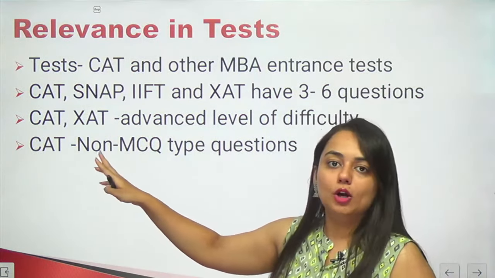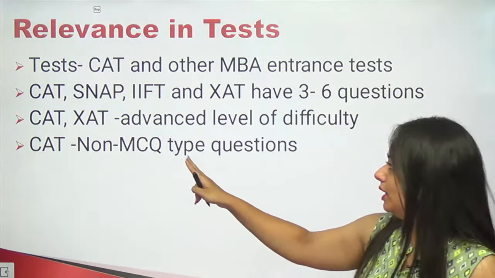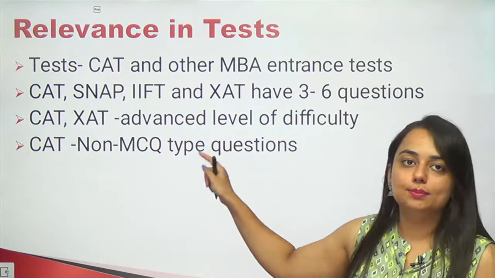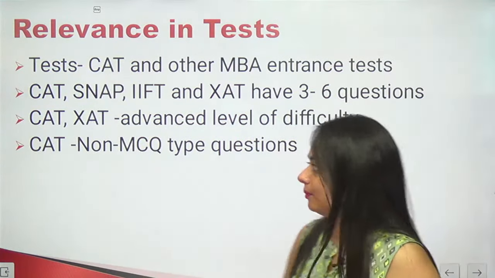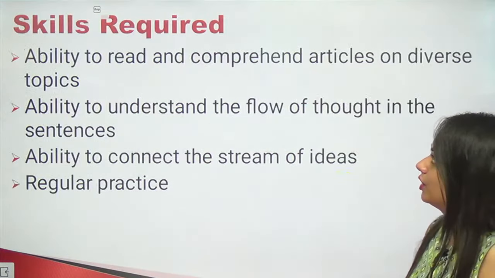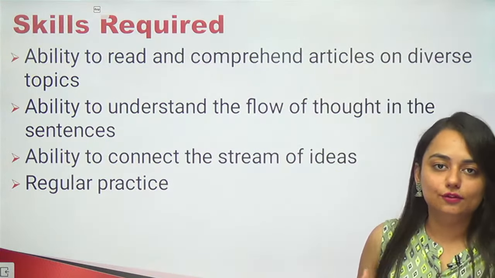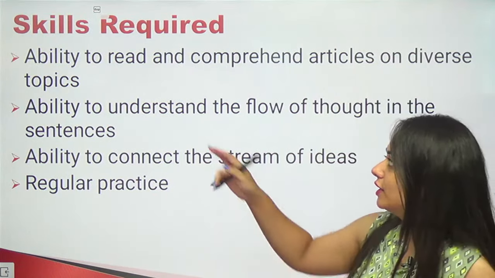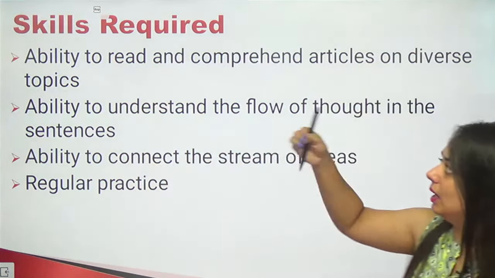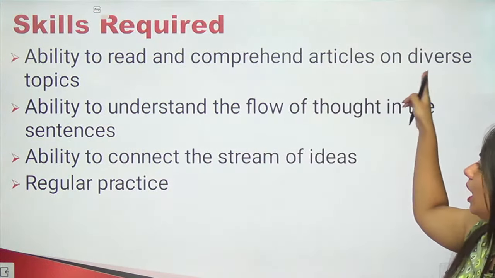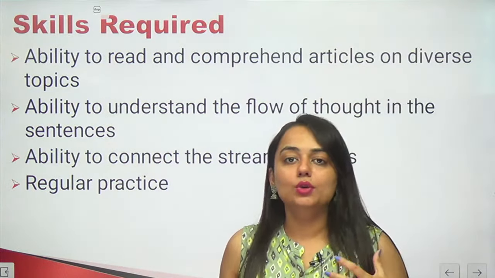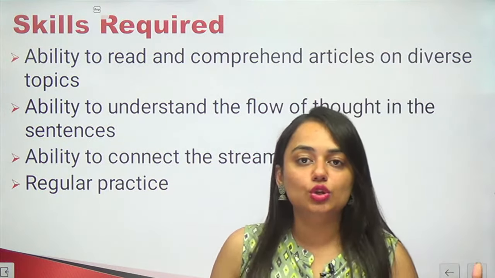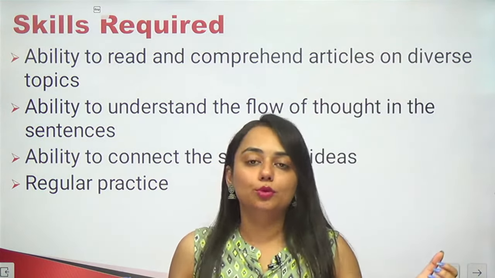If we talk particularly about CAT, you get TITA questions from this area, that is, questions without options, right? So what are the skills required for sentence rearrangement? First of all, you need to develop the ability to read and comprehend articles on diverse topics. How are you going to decide which line should come first, and how do I arrange them in a proper order?